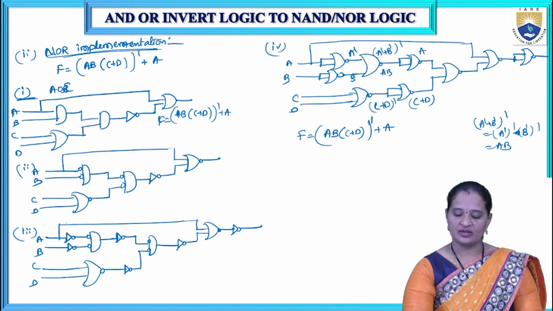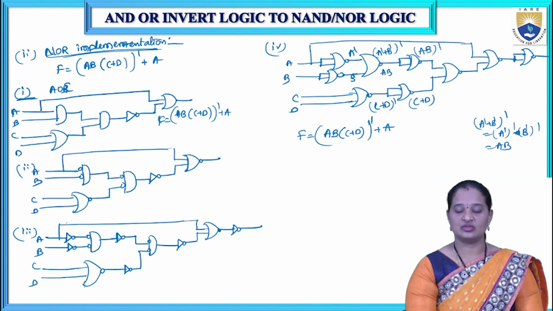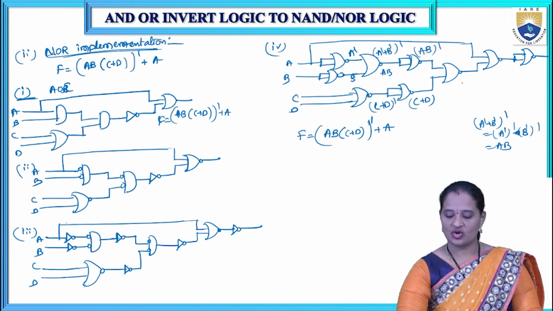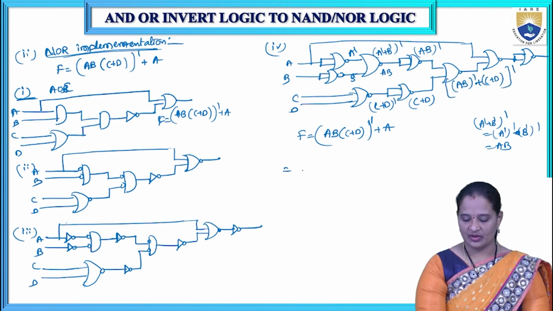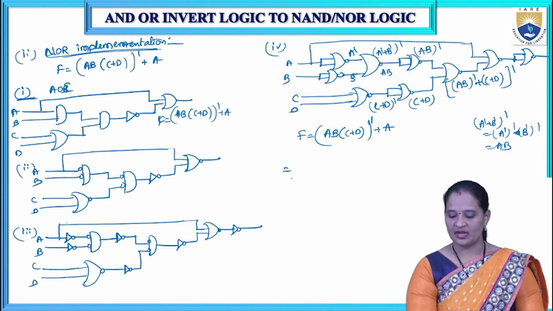And what is the output? It is given to complement. So this is one. So now what is the output of this one? (AB complement in plus C plus D) whole complement. So what is the output of this one? And finally it is again complemented.